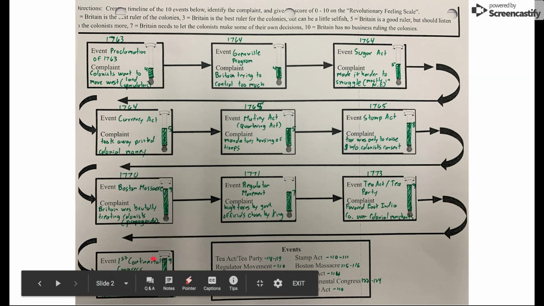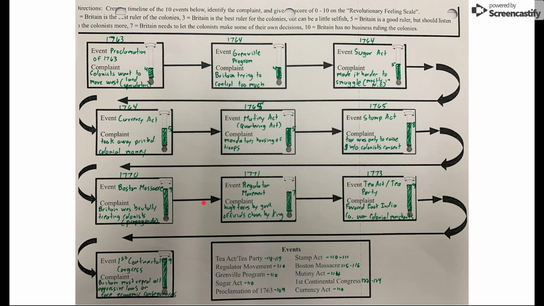And then lastly, we also have the First Continental Congress down here at the bottom. This Continental Congress is really organizing resistance to the British in a way that's important, because it lets Britain know that, hey, we are not happy about this, and we might do something about it later. So it's getting ready for war.